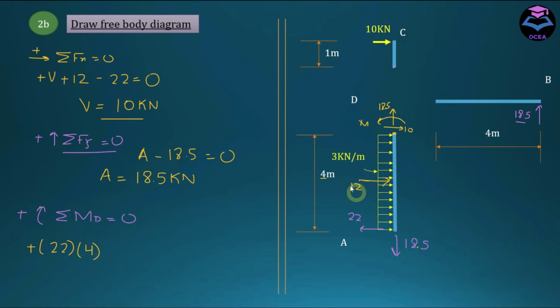And then we have this 12 kilonewton force, which creates a counterclockwise moment. This is negative, and it has a perpendicular arm of 2 meter. After that we have this moment M acting in the counterclockwise direction, and this is negative. So if I calculate the moment from here, it comes out to be equal to 64 kilonewton meter.